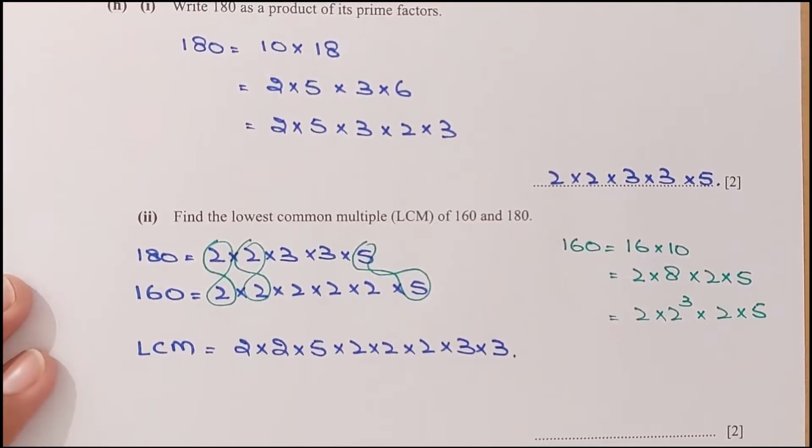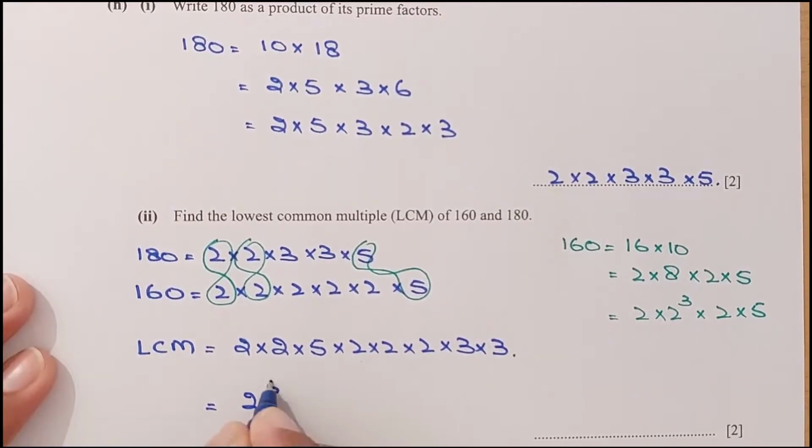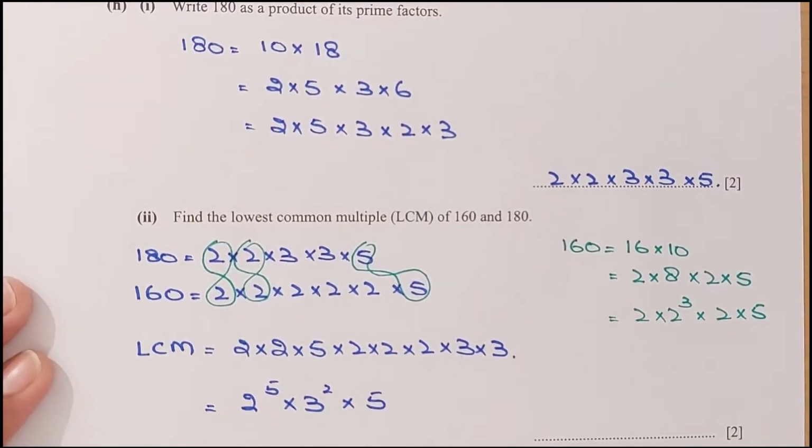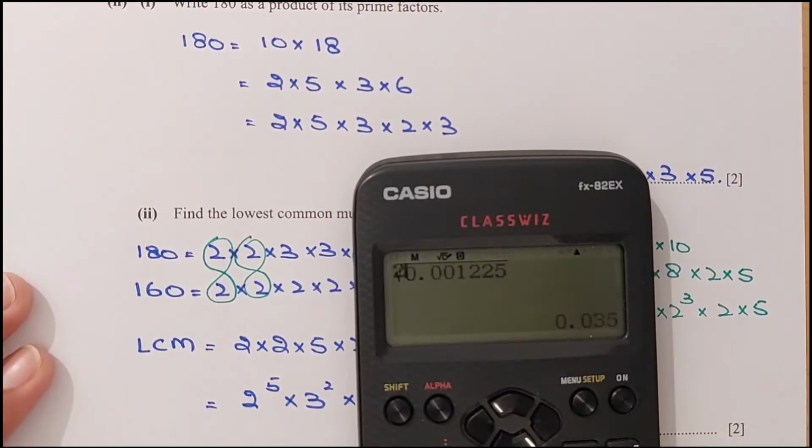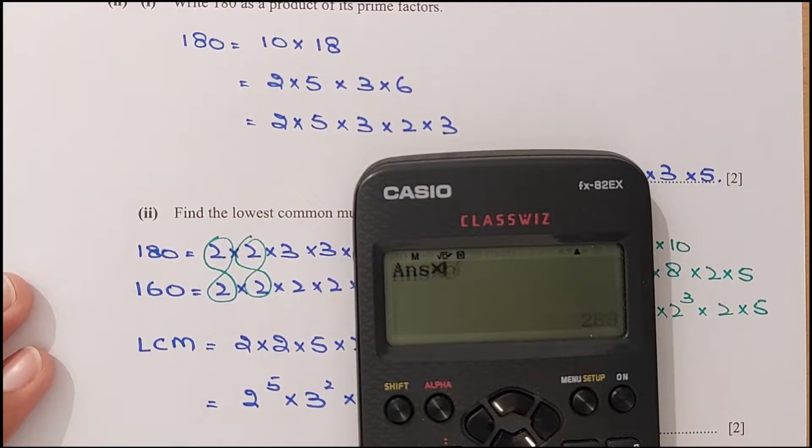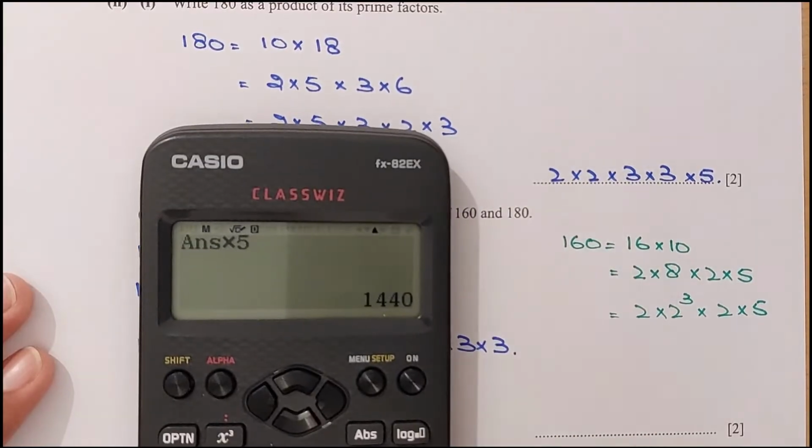So 2 appears how many times? 1, 2, 3, 4, 5. So 2 to the power 5, times 3 squared, times 5. Now let me simplify the LCM: 2 to the power 5 times 3 squared times 5. This is 1440.